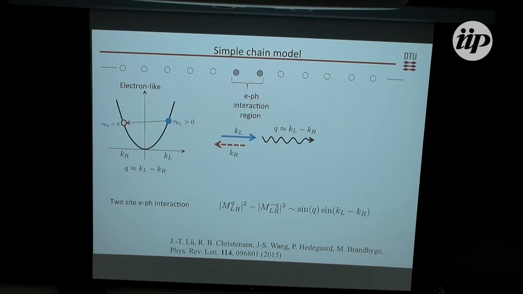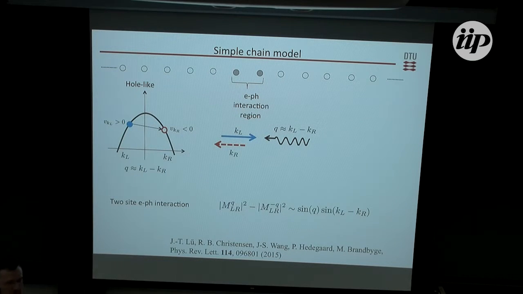Now if I change the Fermi energy, so I change from an electron-like band to a hole-like band, then the electron is moving this direction, same current as before, but the momentum is in the opposite direction because it's crystal momentum. And when I backscatter the electron, then the scattered phonon carries the momentum of the change in electron momentum, and will move in the opposite direction. So this current-induced force is also what you intuitively can say, it's just a matter of momentum exchange between the electron and phonon system.